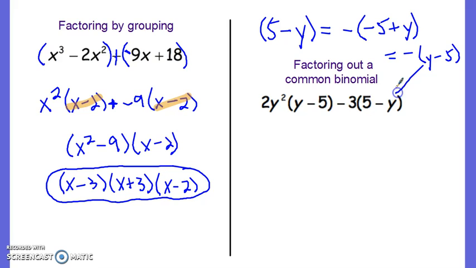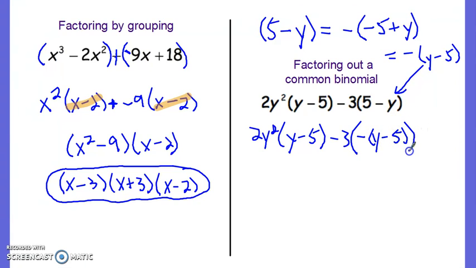So let's take this and we're going to replace our formula here. 2y squared times y minus 5, minus 3 times negative y minus 5 in parentheses there. Again, this is all just multiplied. So really that negative on the outside is multiplied here by that negative 3.